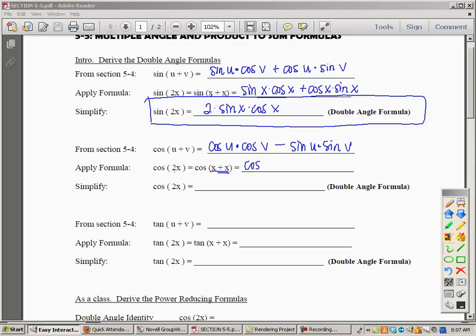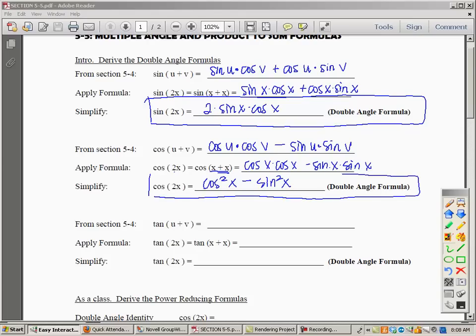So the cosine of x times the cosine of x minus the sine of x times the sine of x. Well, cosine times cosine is cosine squared of x minus sine times sine is sine squared of x. And this is our cosine double angle, where it's cosine squared minus sine squared.